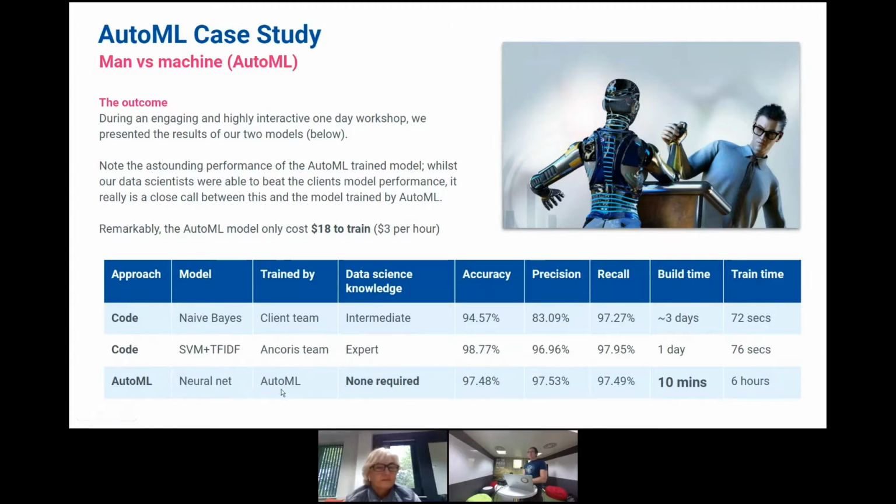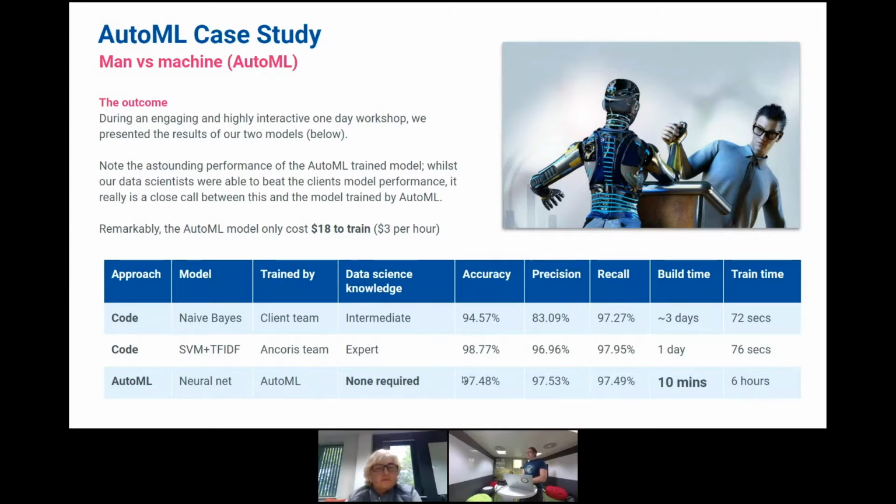Data science knowledge, none at all. All we literally had to do is, once we had the documents in a cloud storage bucket, we just pointed AutoML at it, and away it went and started training. Now, the training takes quite a long time. We let it run for 6 hours. So it took a bit longer to train, but maybe we just left it running overnight.